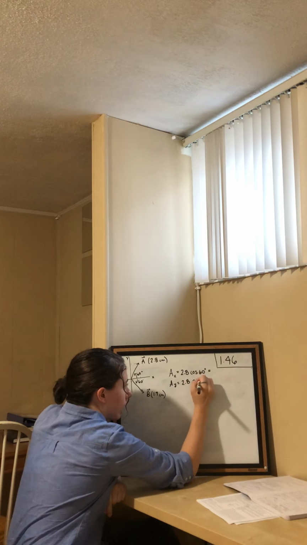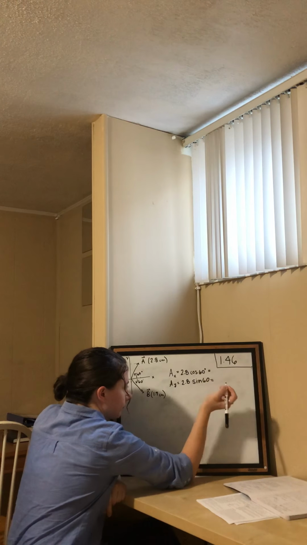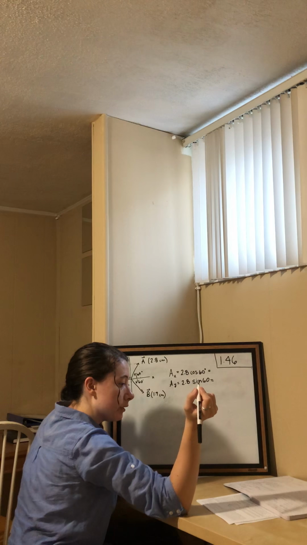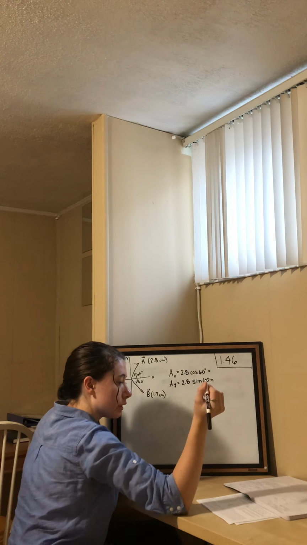So we'll do sine of 60. When you calculate that out, you should get 1.4 for the x component and 2.424 for the y component. And now for vector B, you want to do the same thing.